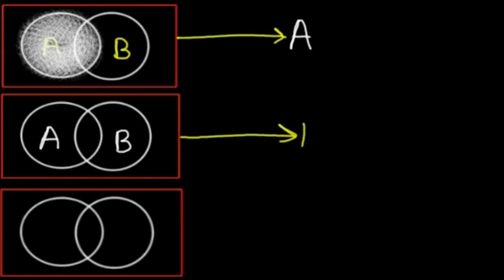That is B complement, or B prime. It means we are to shade all the regions excluding B alone. So therefore, we are to shade all these particular regions.